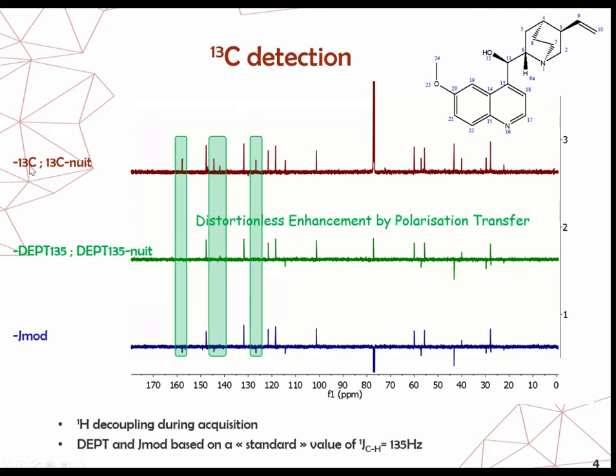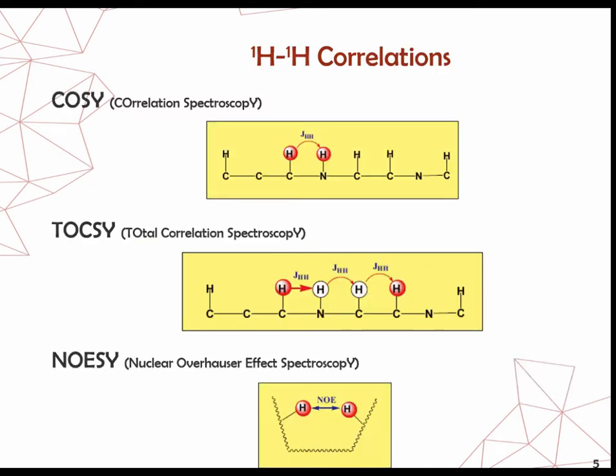Only use direct carbon-13 detection, and then the two-dimensional experiments will be more informative and more rapid than using DEPT or J-mode. So that is it for the usual one-dimensional spectra. I stop there, and the next part will be on homonuclear proton-proton correlation spectra.